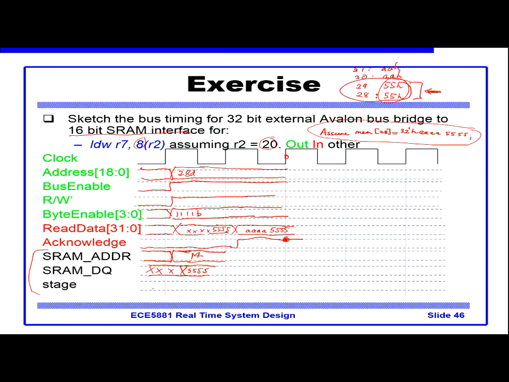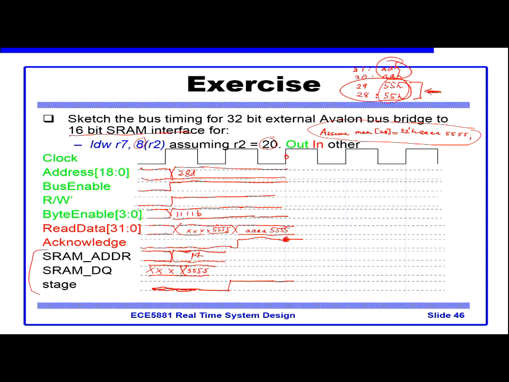Now, when we're doing all this, we're going to keep track of where we're up to, and the first stage is going to be stage 0, which corresponds to the low order 16 bits. And then we want to change now to the upper half of the 32-bit word, which is the upper 16 bits, which will be this guy here. So that stage variable is the flip-flop output that we just talked about earlier, and that works just fine.